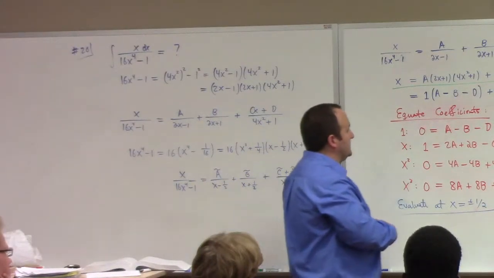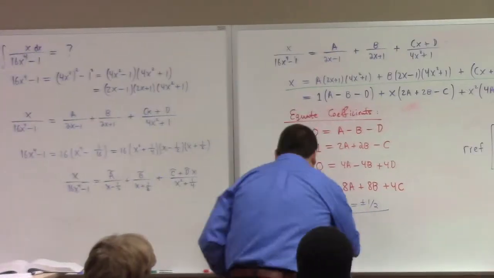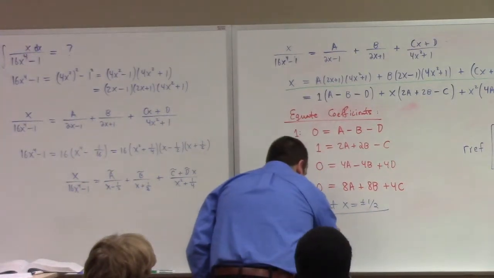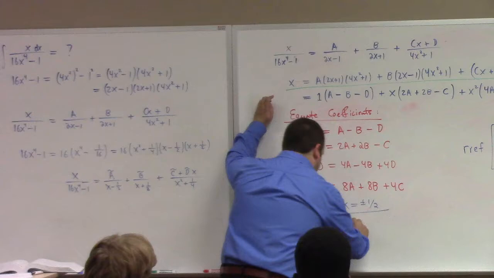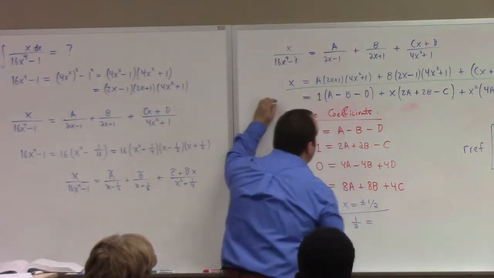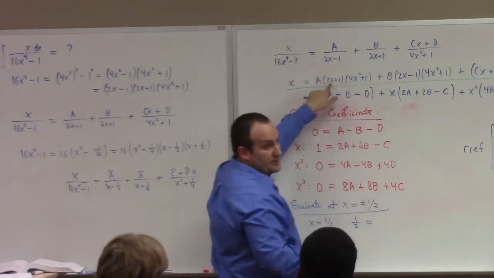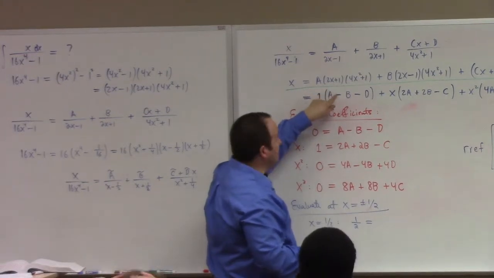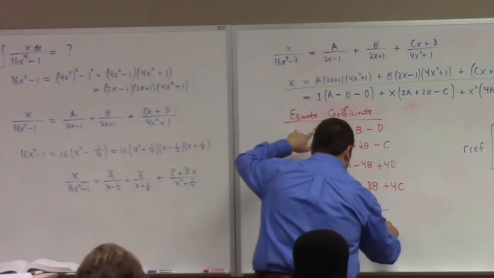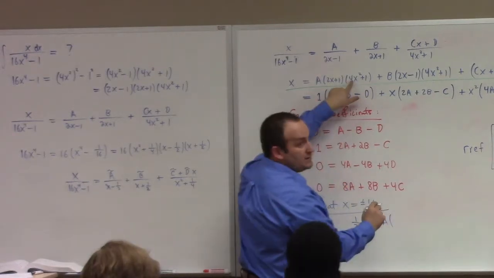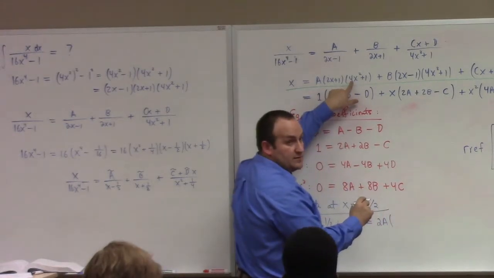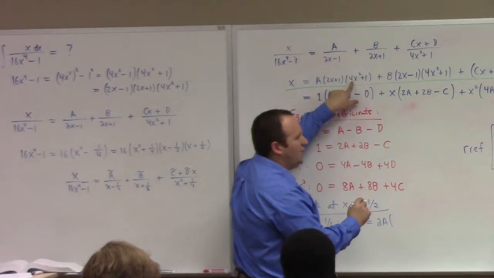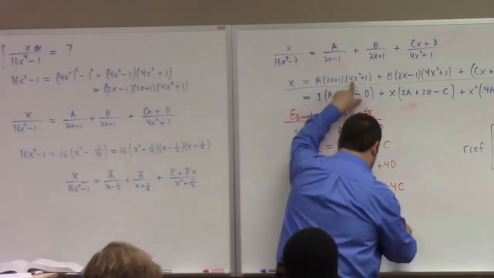We get tons of zeros, right? So let's put x equals 1/2. What's that give us? We get 1/2, right? Equal to, what's 1/2 times 2? It's 1. So this is 2a times what? This thing, right? What's 1/2 squared? Oh man, that's kind of nice. That's 2 also, isn't it?